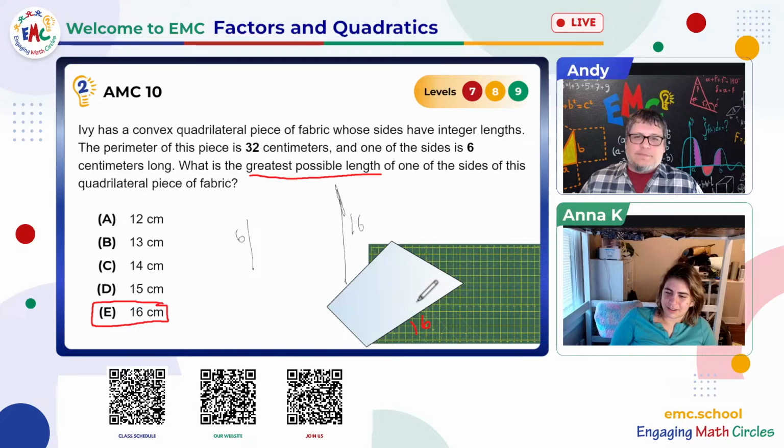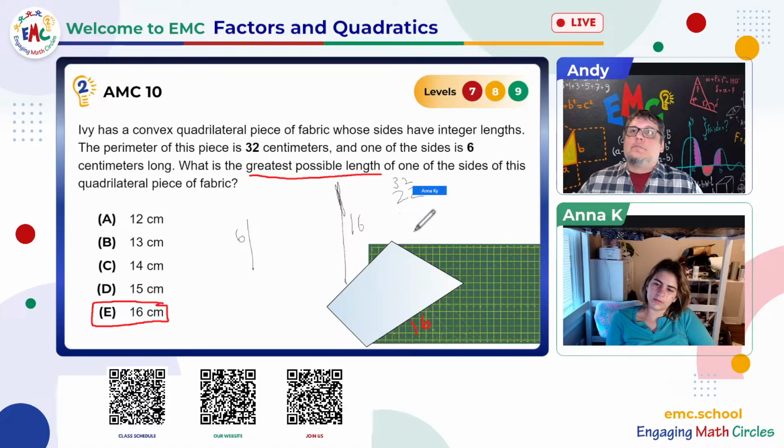It doesn't work. Why doesn't it work? Six, 22, right? That leaves us 10.